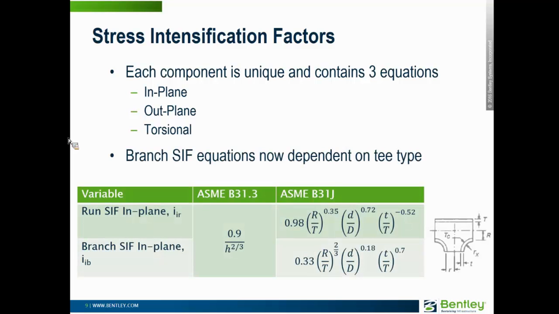In terms of the T evaluation, branch legs have their own values independent of the header, which was not previously available in the B31 codes. You can see here as an example in this table, the B31.3 column has one calculation for both the header and the branch, and now B31J actually has empirical extracted data that focuses on both the header and the branch independently.